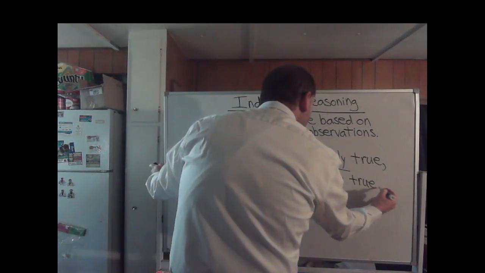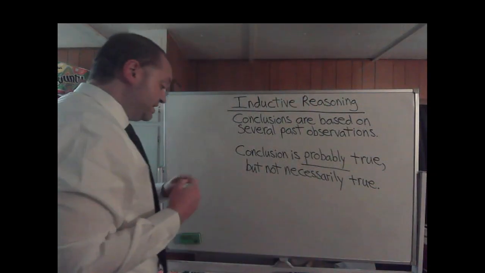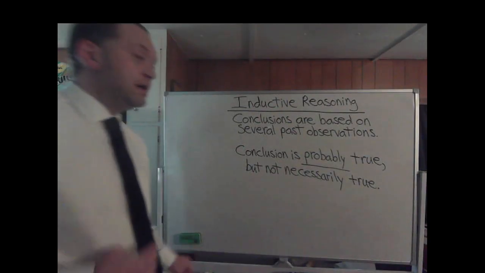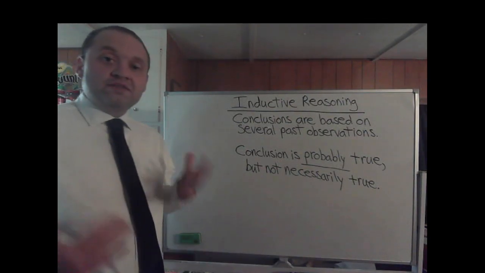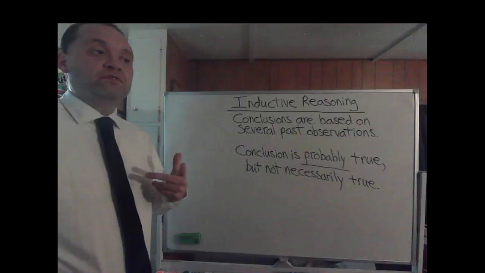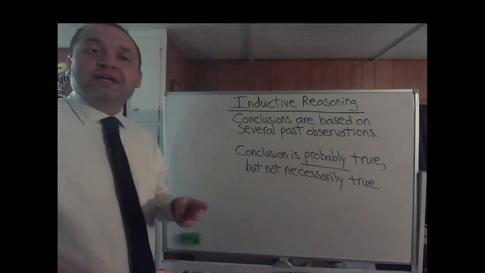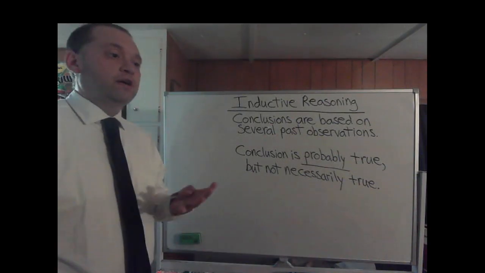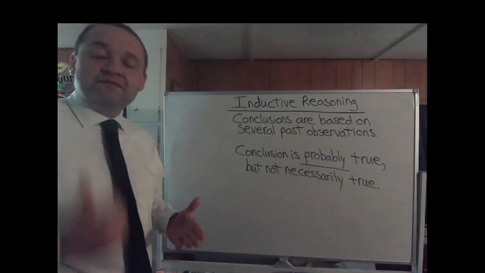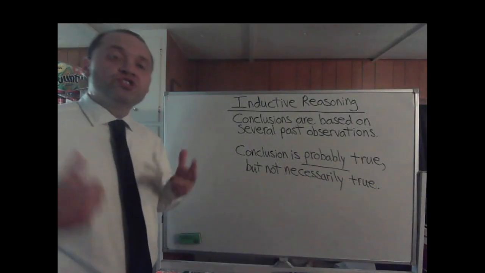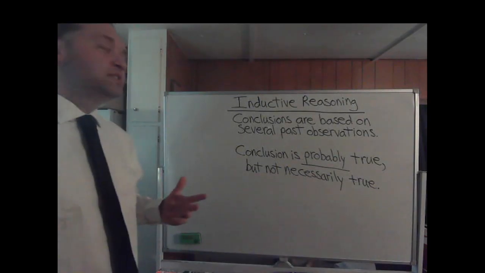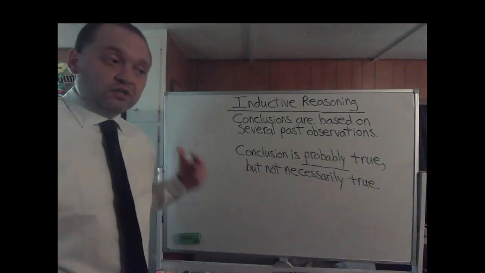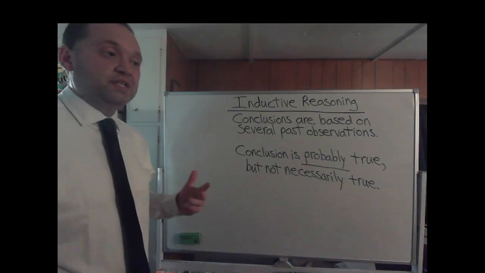Okay. So inductive reasoning is different because with deductive reasoning you actually have laws and properties and theorems and corollaries and postulates and definitions, actual solid concrete things to back up the conclusion from the hypothesis.